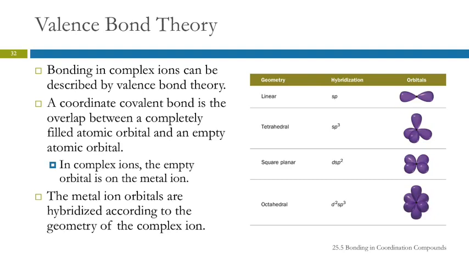So if we have a linear geometry, then we have an sp hybridization. Tetrahedral has 4 groups, so we have 4 orbitals hybridized, s, p, p, p: sp3. And square planar, I don't know why they put the d first. Well, the d is from a lower primary energy level. In Chem 1A, we called it sp2.